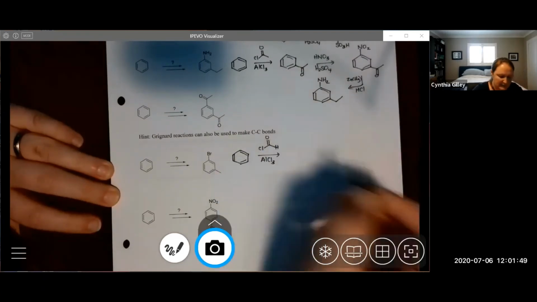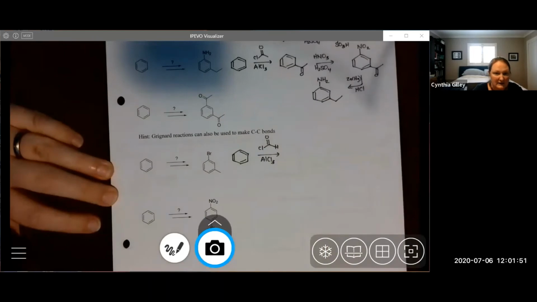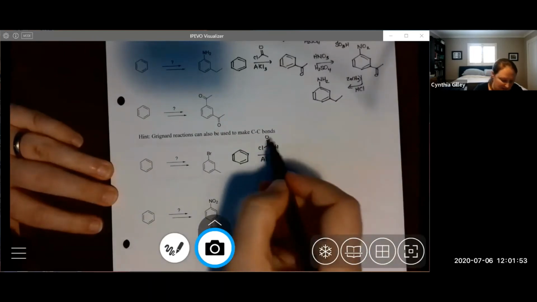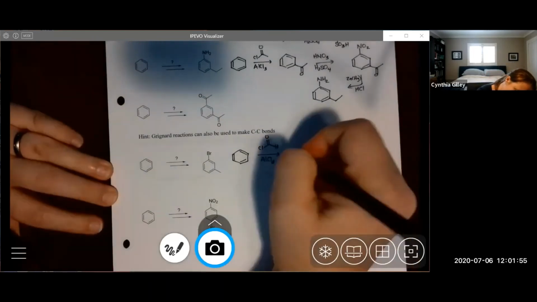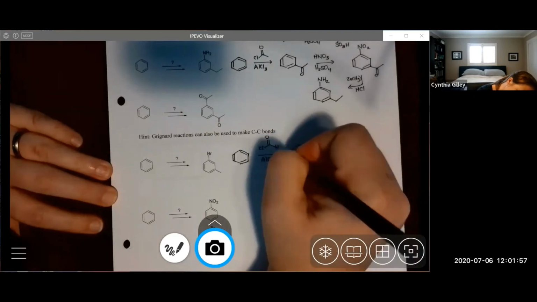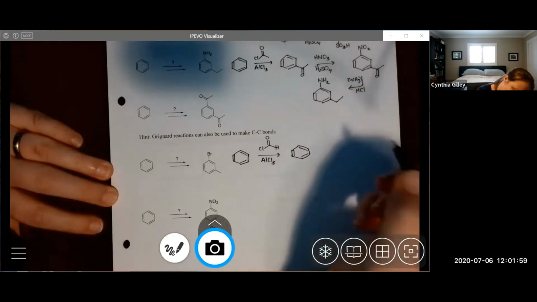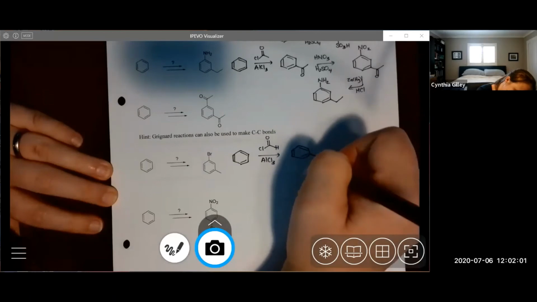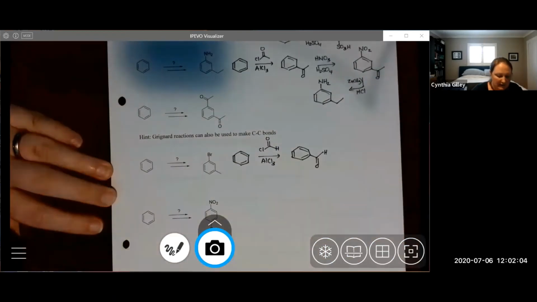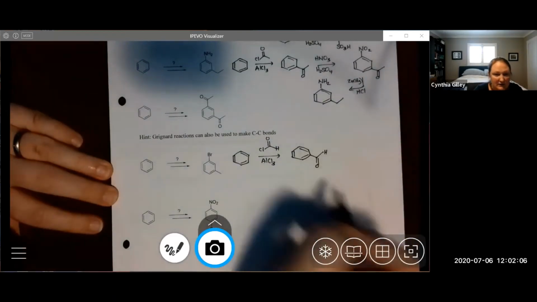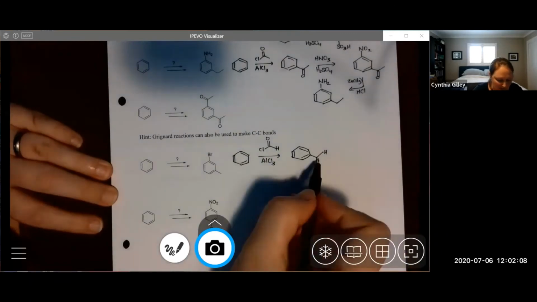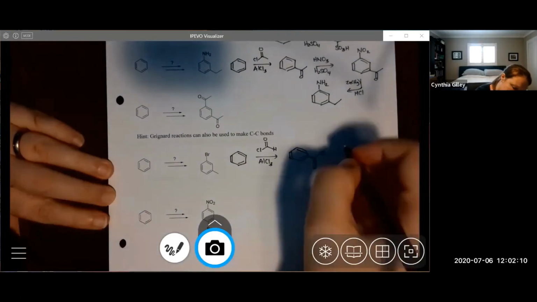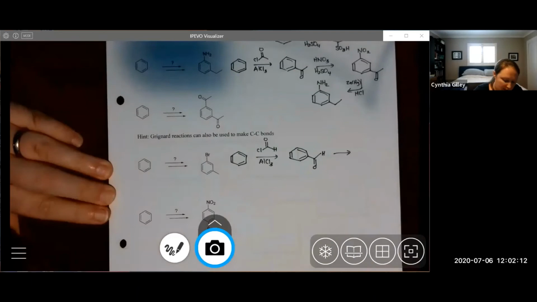That uses this special kind of acyl halide, kind of an aldehyde. And I'm going to then just introduce the aldehyde that way. The aldehyde is a meta director. So that's really great because I need the bromine to be directed meta. So that's kind of why I wanted that group there.